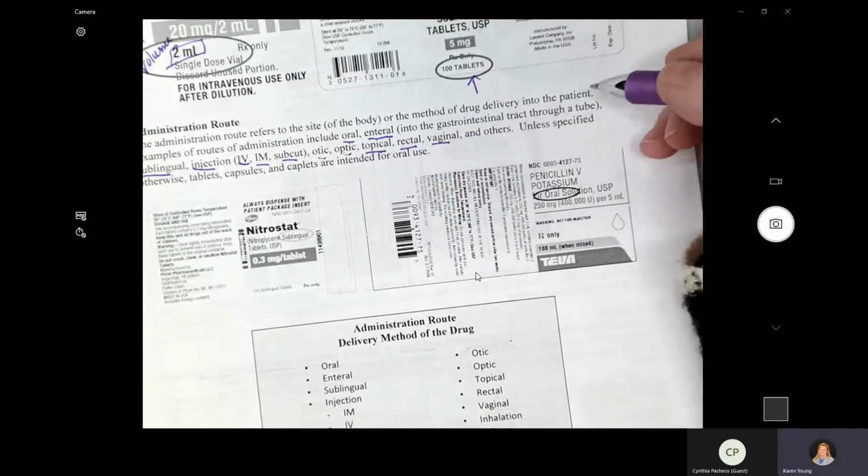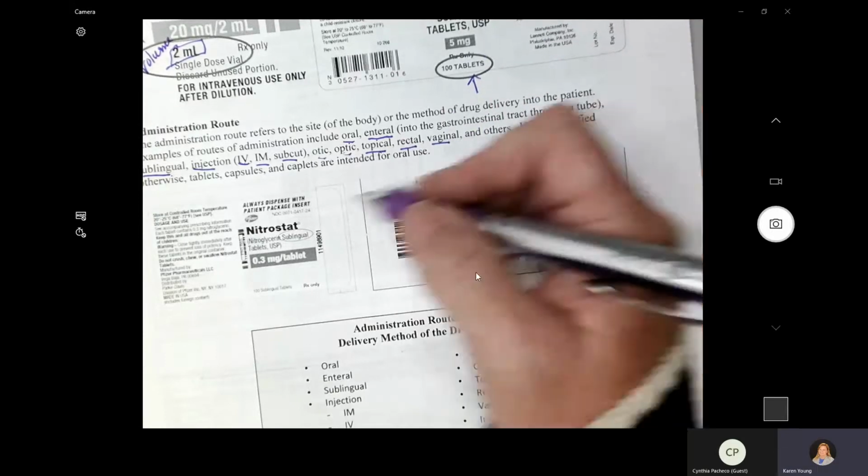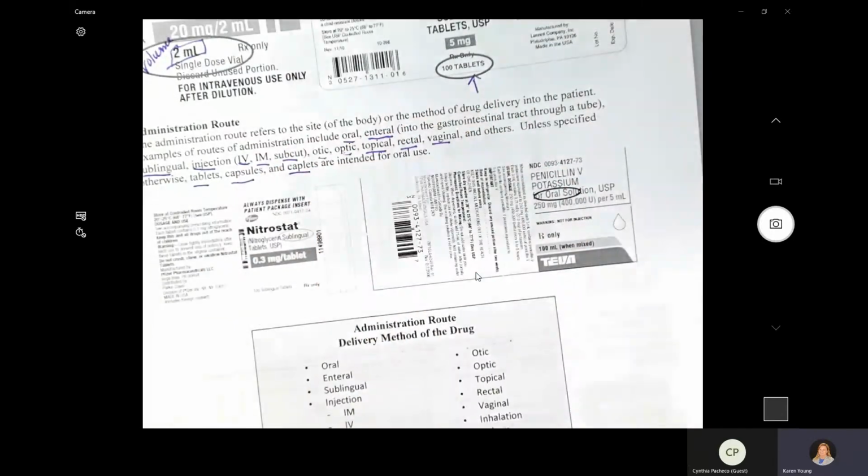And then there are others. Unless specified otherwise, tablets, capsules, and caplets are all oral use.